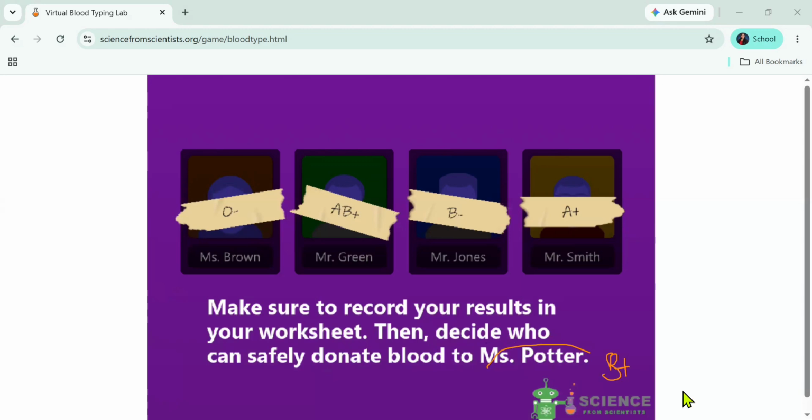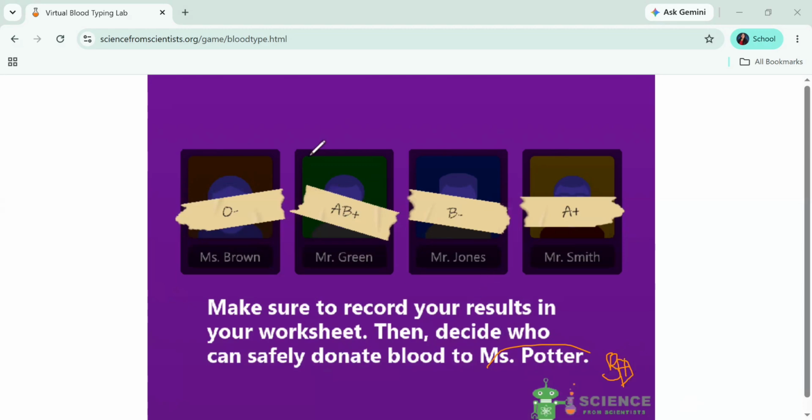And since the RH factor of Miss Potter is positive, she can accept whether the RH factor is positive or negative. RH positive means you can accept both positive and negative. So anyone with B or O blood type, regardless of RH sign, can donate.